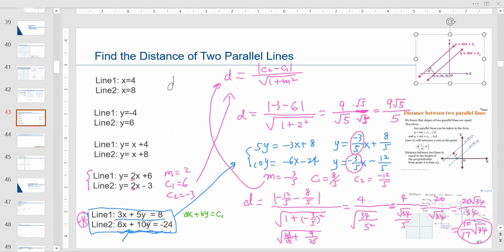You can do proper changing to get 3x plus 5y, dividing both sides by 2, so the left part is the same, 3x plus 5y equals negative 12, right? The second line becomes C2. The left part is exactly the same, the right part is different. So they are parallel lines, right?